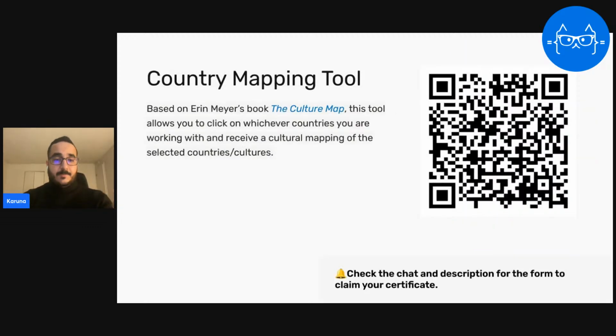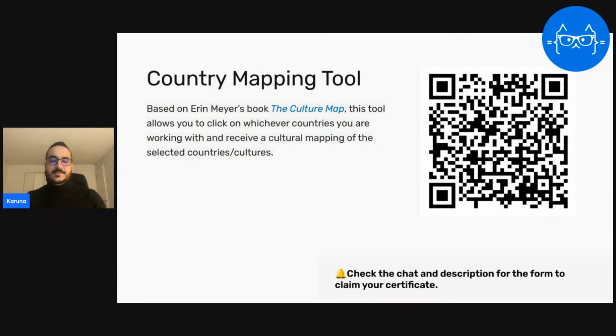There is a country mapping tool that's also based on the book, The Culture Map. This tool allows you to click on whatever countries you're working with. So I think someone asked about how to communicate with Germans, or how communication works in Germany. Well, this is a really cool tool: you scan the QR code, select the country, and it will tell you what sort of communication style they tend to use.